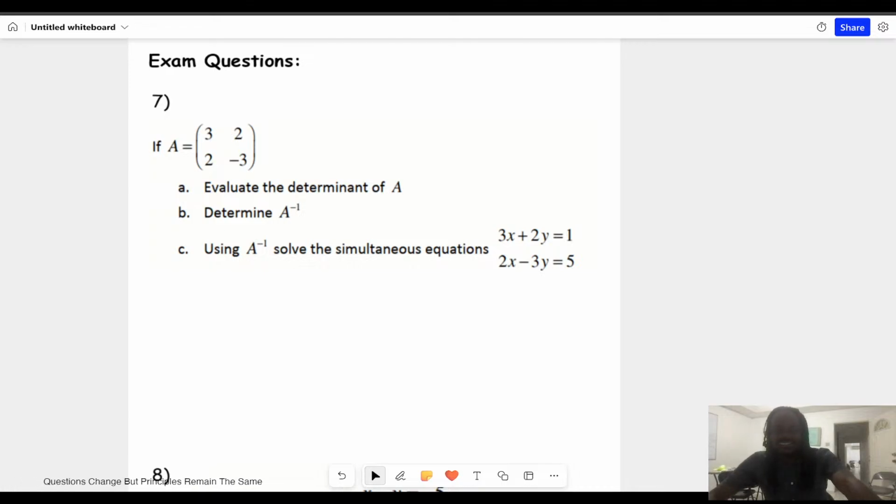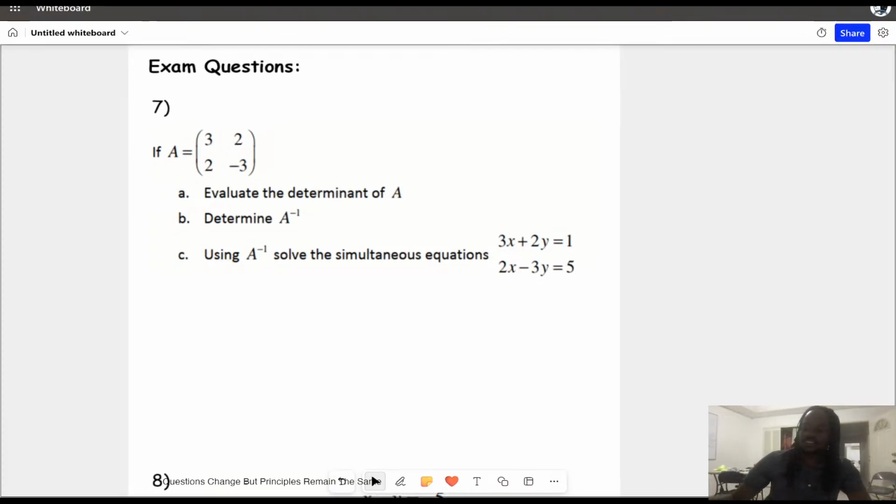All right. Anybody has gotten X and Y here now? I'm going to work this out. So the first thing, determine the determinant of A. Those are my 2 bars.